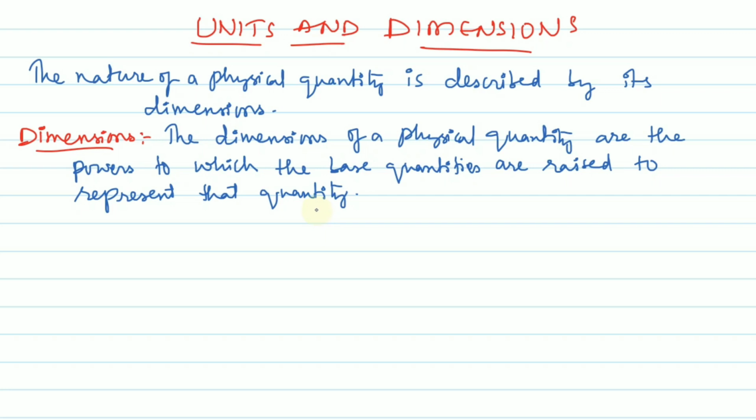To represent that quantity. To understand what dimensions are, let's take an example. So let's take the formula for density. We know that density is equal to mass upon volume.